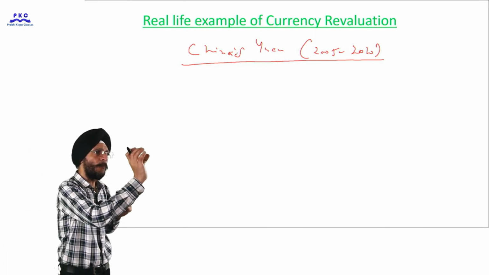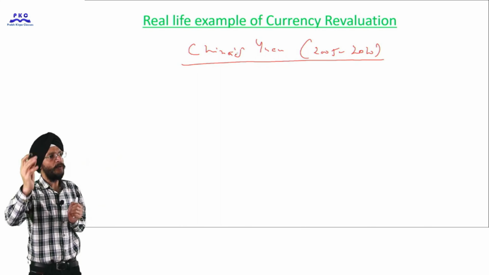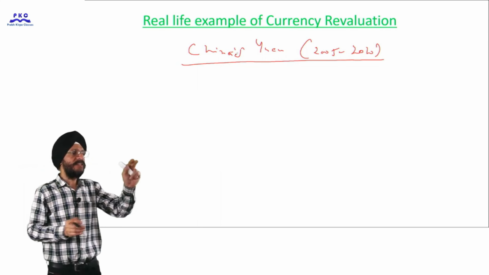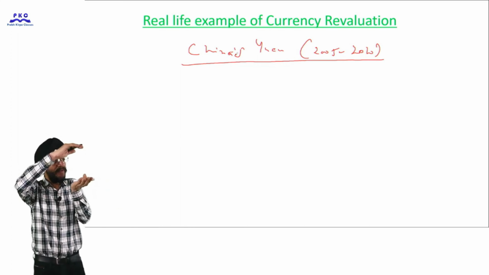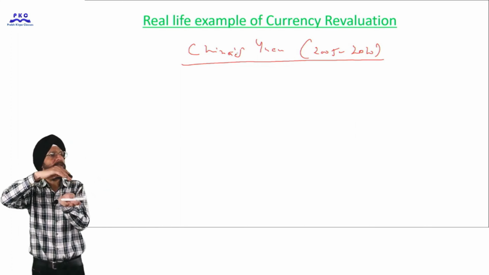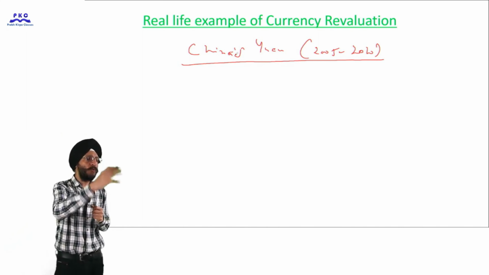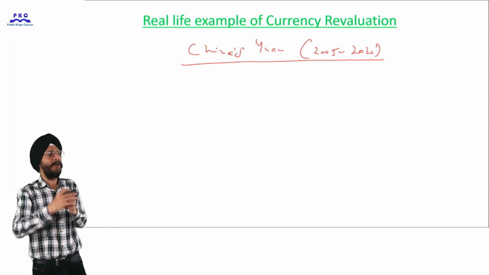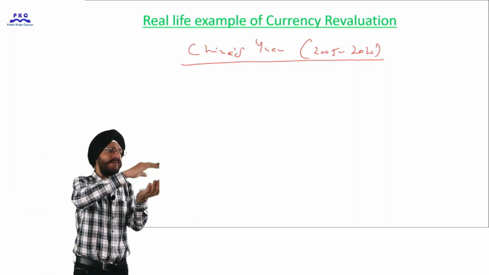That is, it used to peg its currency, that is yuan, with respect to the US dollar. That is, it was taking steps to ensure that the value of its currency remains stable with respect to the US dollar.